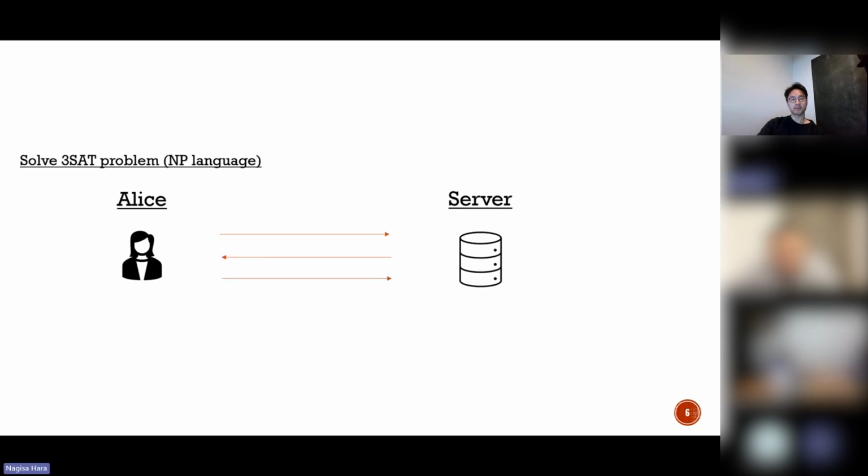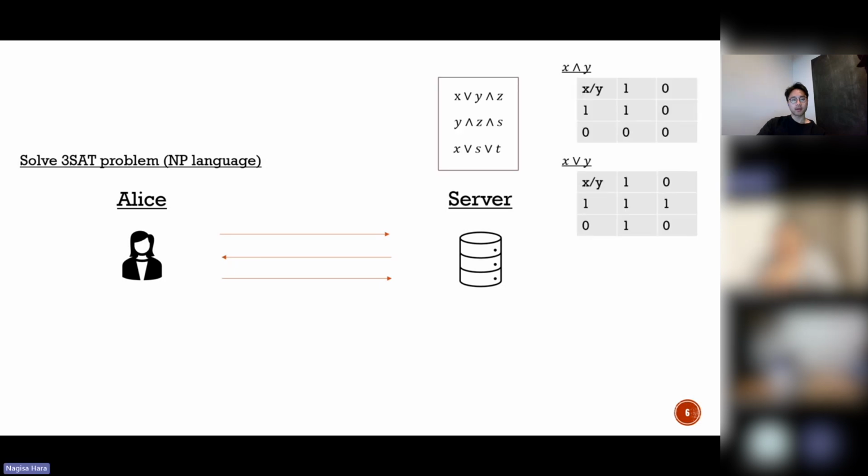So let me explain the details using an example. Let me use the example of the 3-SAT problem as an NP language. A 3-SAT instance is as follows. You're given, for example, three equations enclosed by a rectangle.